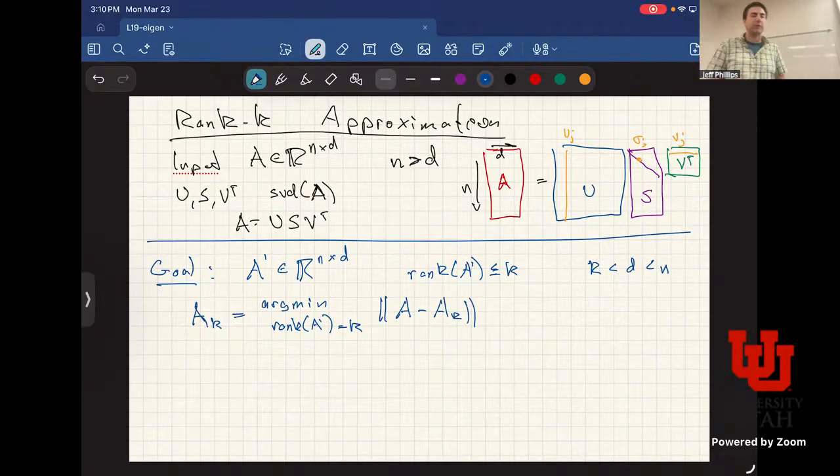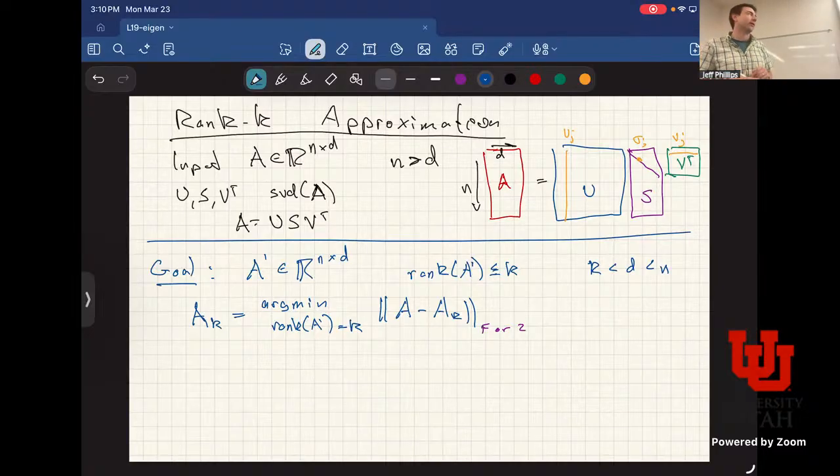This is a matrix norm, and it will be the Frobenius norm or the 2 norm. It can be either, and they give the same answer. We'll walk through what these mean on the next slide or two, but there are two different ways I can define this, and I want to find the rank K matrix that best approximates my input matrix.